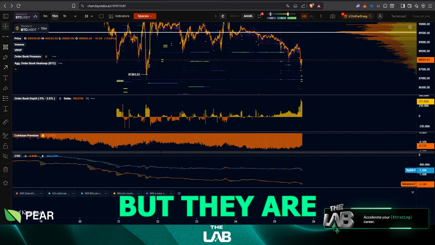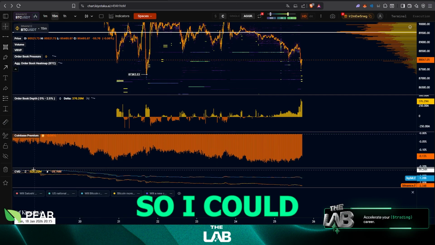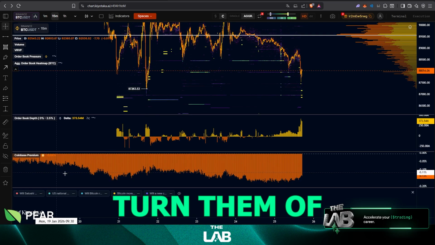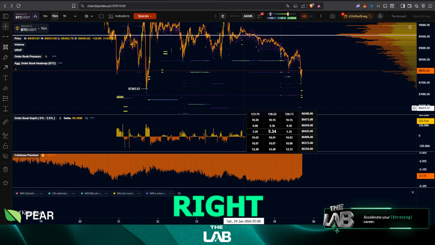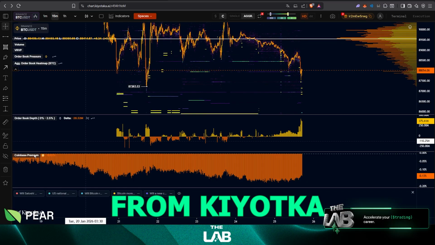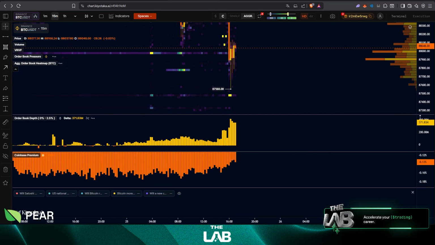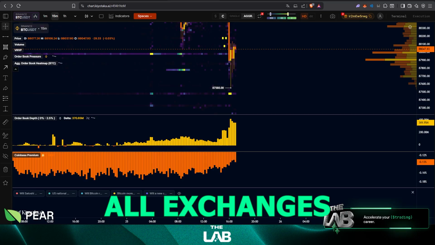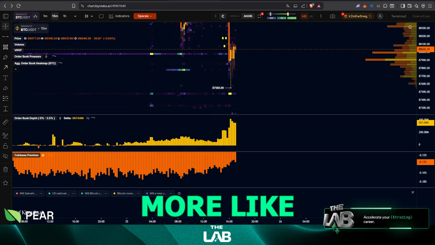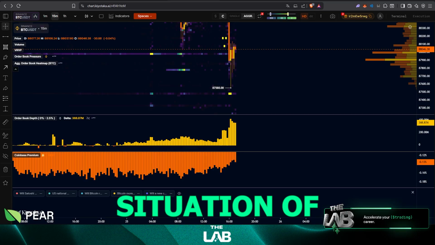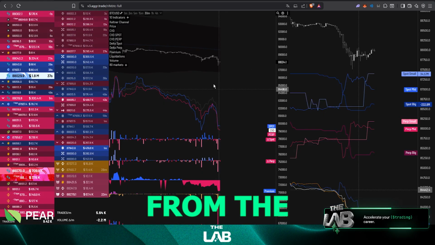We have CVDs here, but they are not as accurate as aggr, so I could probably just cut them out because we have them on aggr anyway, right? But this is the part from Kiyotaka, the visual. You can say it's a visualization of order books from all exchanges, and it's more like a completion of the outlook we're looking at from the aggr side of things.